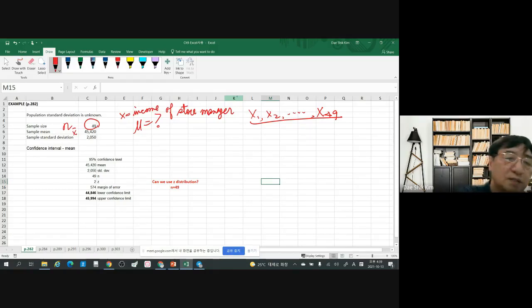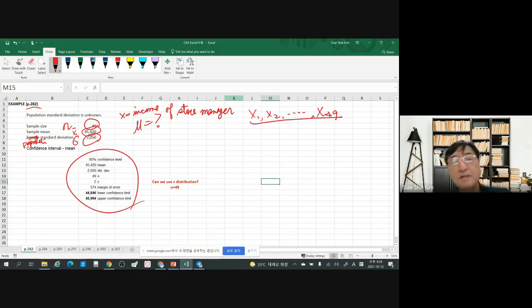On page 282, the standard deviation of the population, this is wrong. It is the population. Population standard deviation sigma is known, 2050. Then how can we calculate this one? Okay, I will demonstrate how to do it.